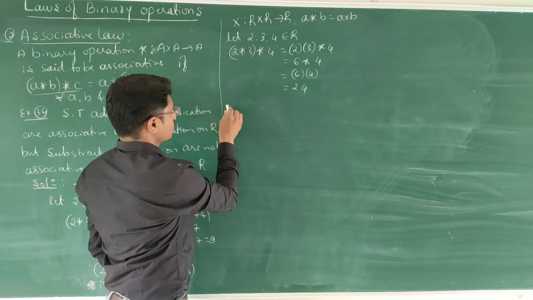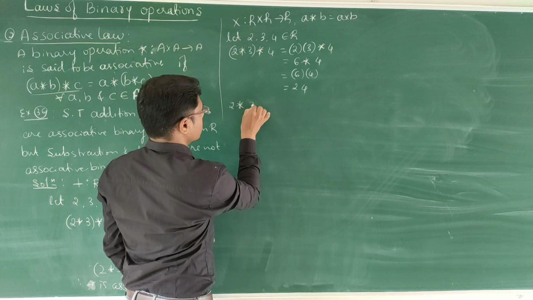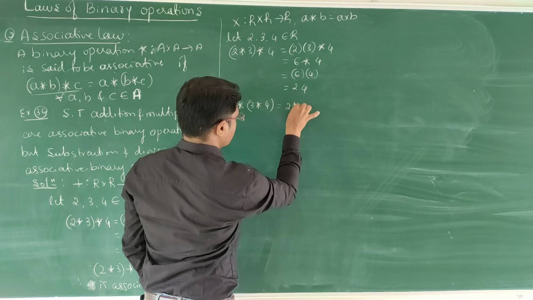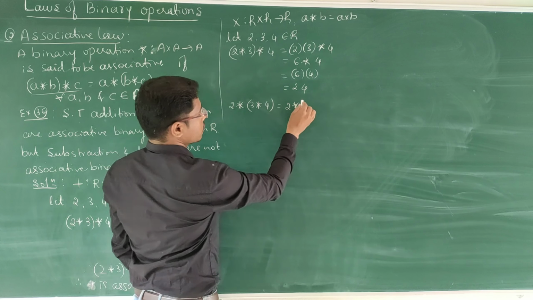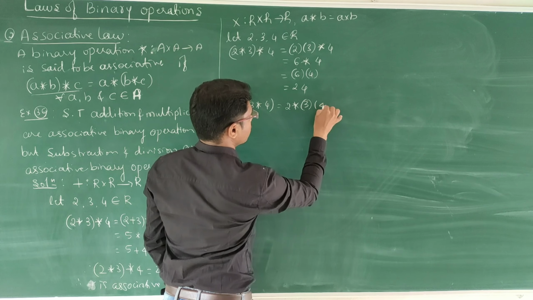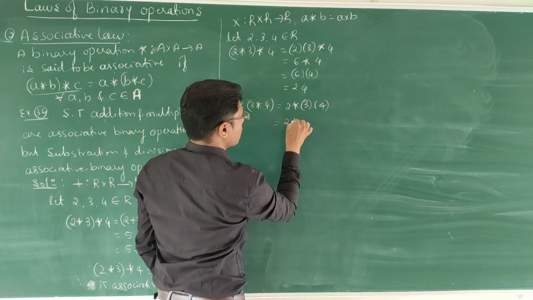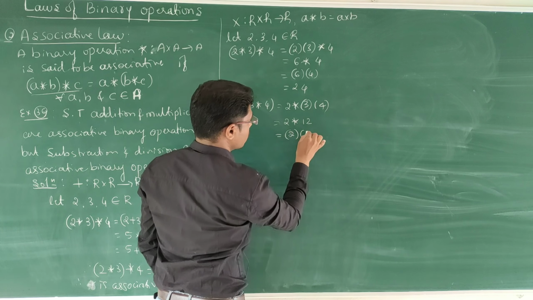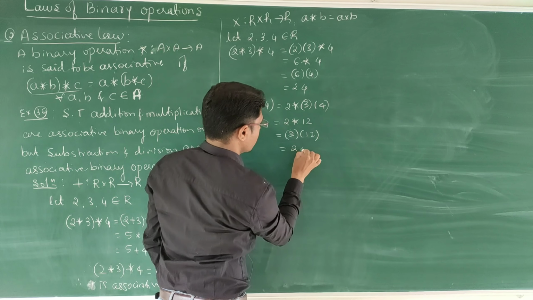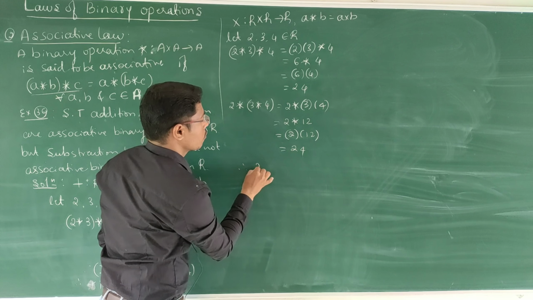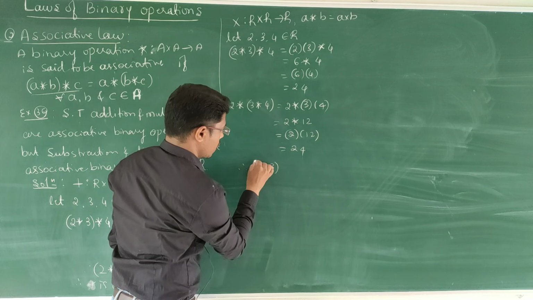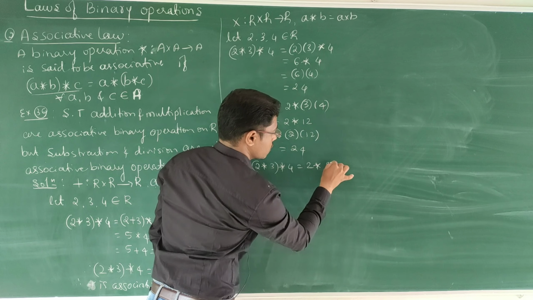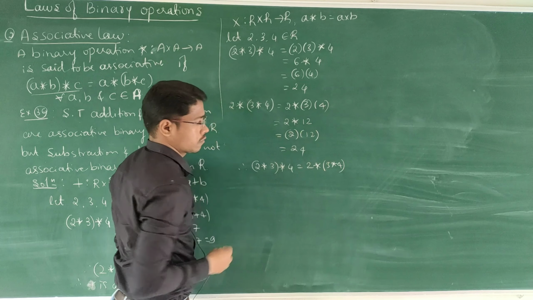Right? Now 2 star (3 star 4). This is equal to 2 star, and 3 star 4 is 3 into 4. This is 2 star 12. 2 star 12 is 2 into 12. This is equal to 24. Therefore (2 star 3) star 4 equal to 2 star (3 star 4).